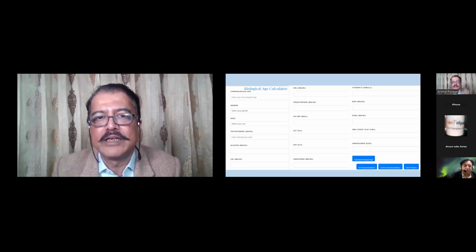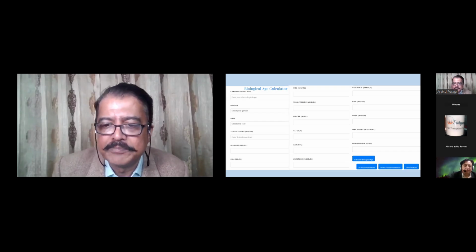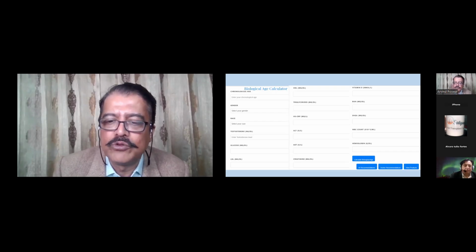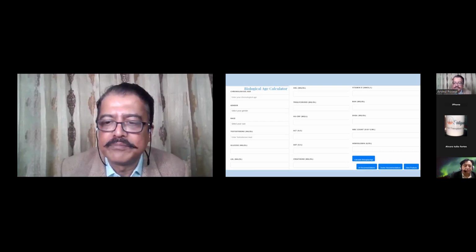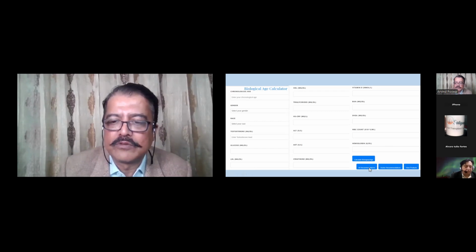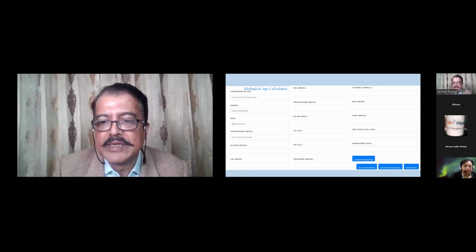This AI program, that is biological age calculator, will also give you AI recommendation. You can see that button towards the bottom. Many doctors do not know what supplements are normally required, the newer ones. So you can get there.